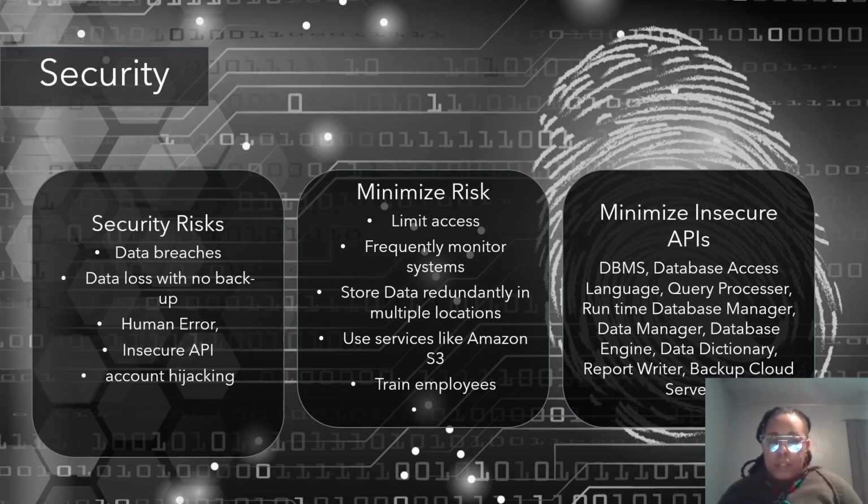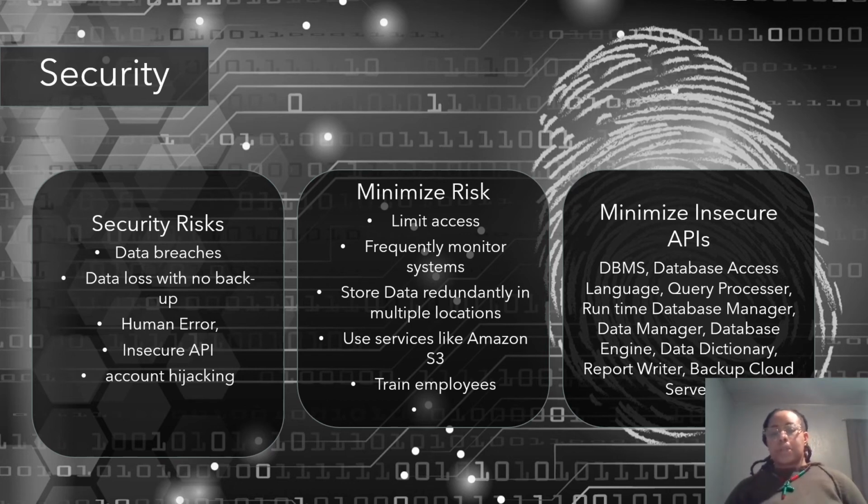So to minimize these risks, the ability to limit access to specific parties, basically permissions. That's the number one way to minimize that. Frequently monitoring the system, so basically having someone constantly checking to make sure that you haven't been hacked. Storing data redundantly in multiple locations.